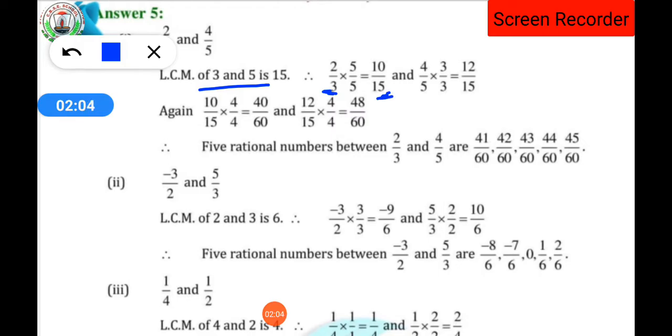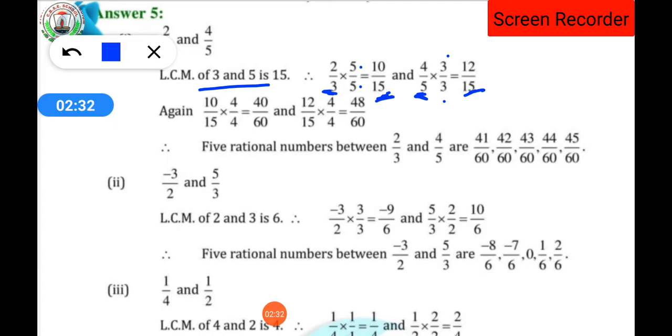That number will be 5, so in the numerator also 5 will be multiplied. So 2 into 5 will be 10 and 3 into 5 will be 15. In the same way, 4/5 will be multiplied by which number to get the LCM 15? That will be 3. So 4 into 3 will be 12 and 5 threes are 15.